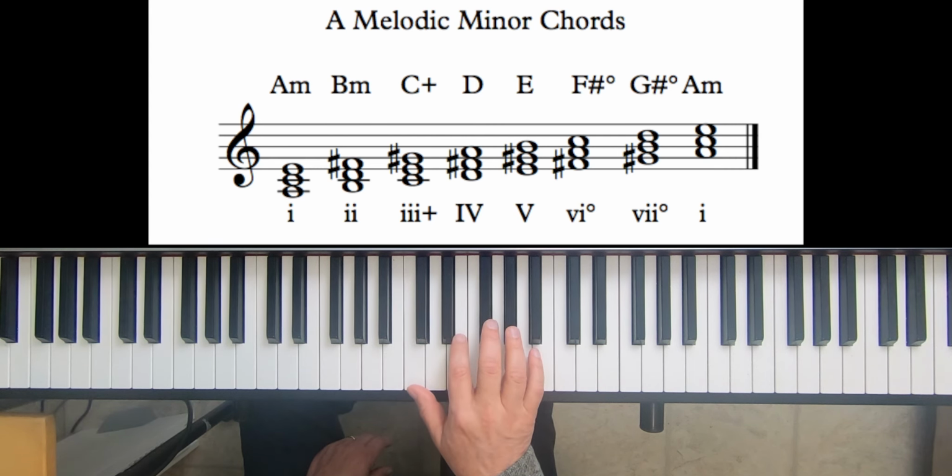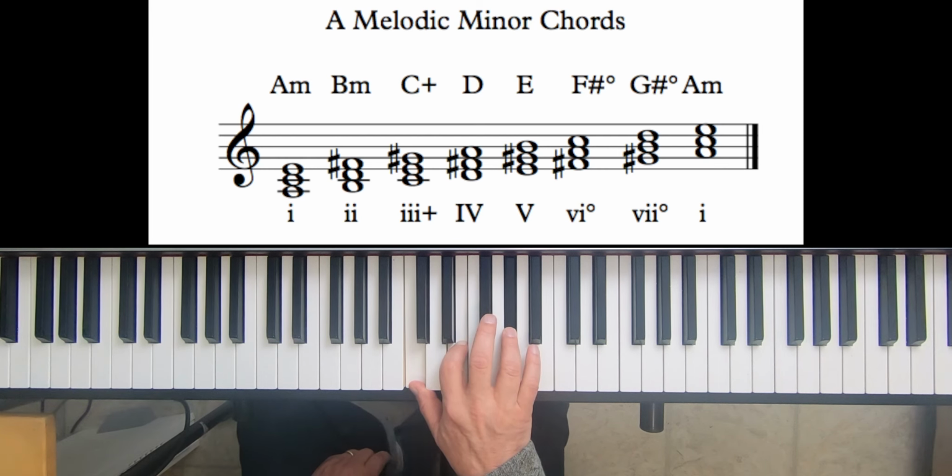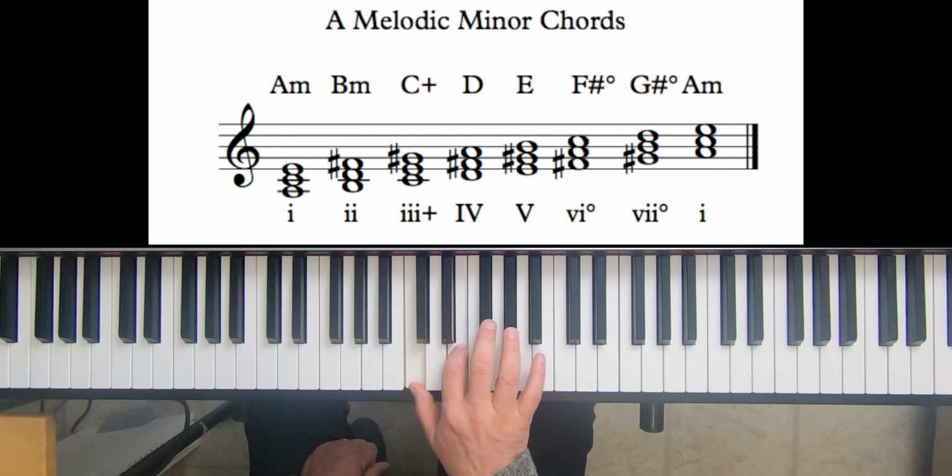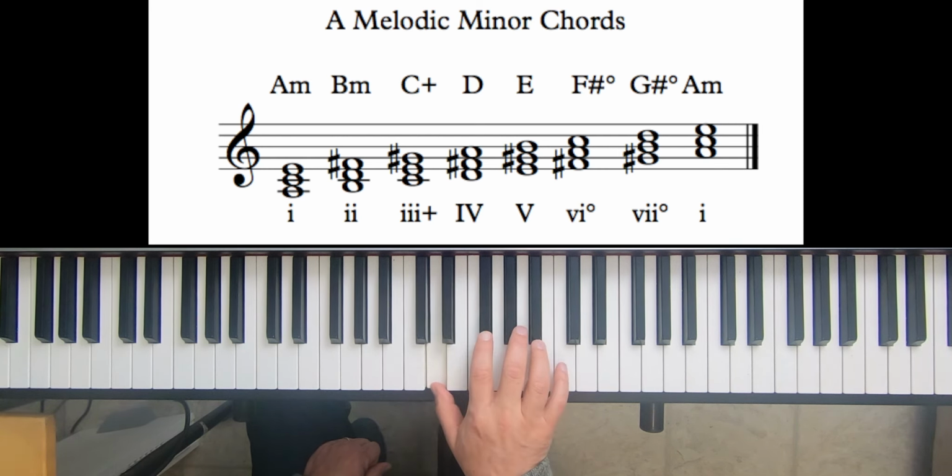And then because we've raised the G to a G sharp, we get C augmented, which is lowercase Roman numeral 3 with a little plus sign after it to let you know that it is augmented. Then this becomes D major because, once again, we have to have that F sharp in there.